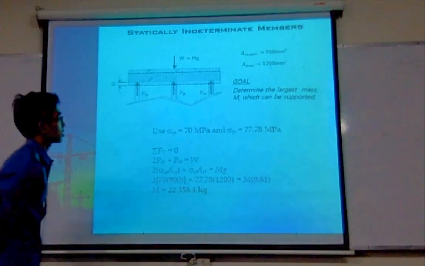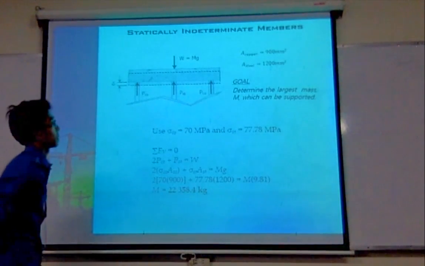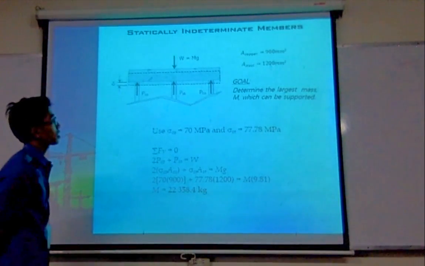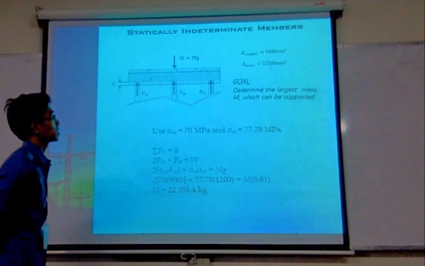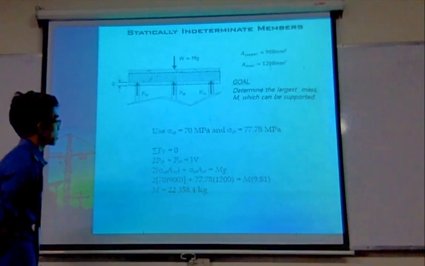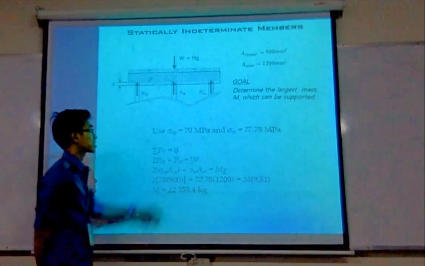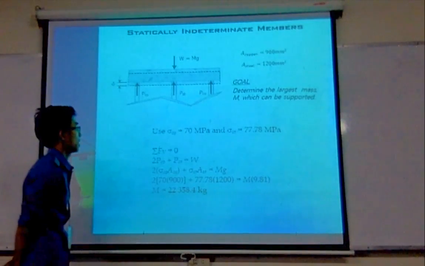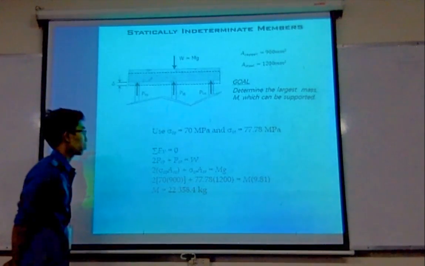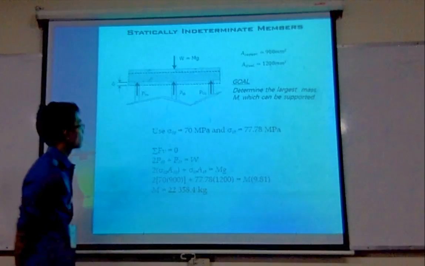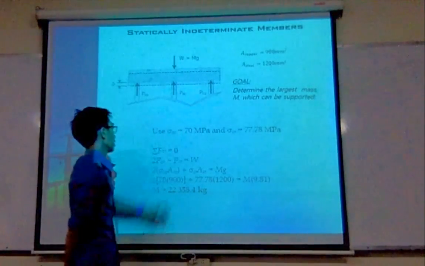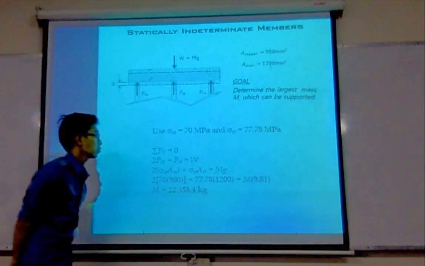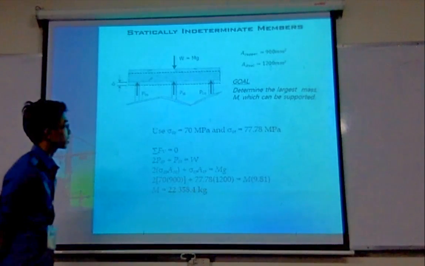Our goal is to determine the largest mass. We have an area of the copper of 900 square millimeters and the steel of 1,200 square millimeters. As I said before, we will use the 70 megapascal and the 77.78 megapascal. Using the forces along Y, we have two forces of copper and one force of steel, and we equate it to the weight.